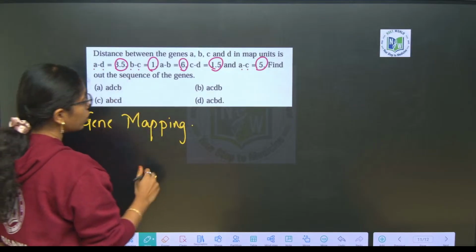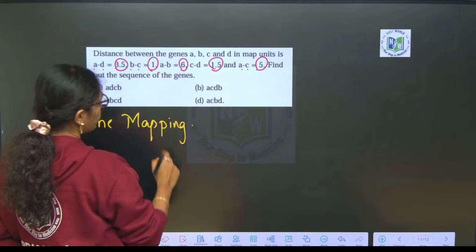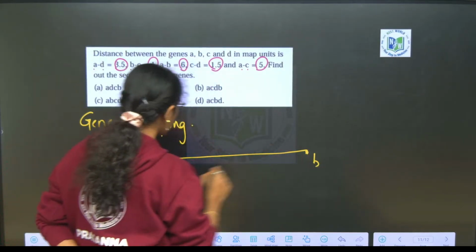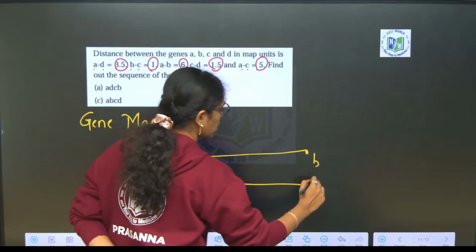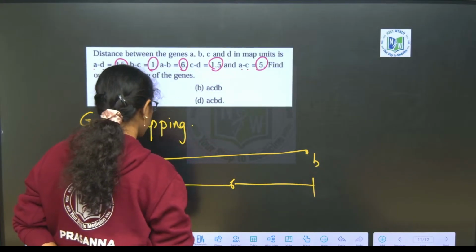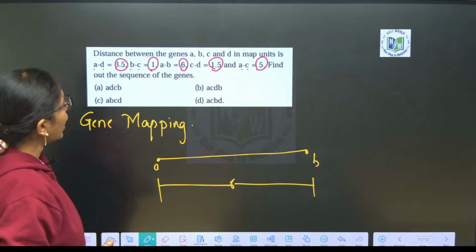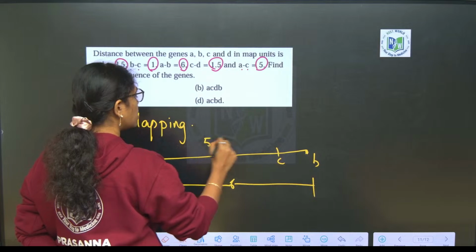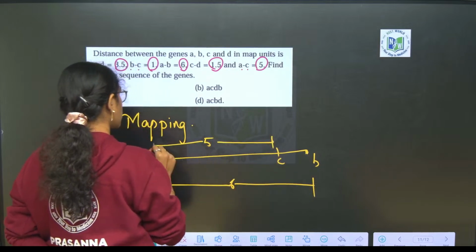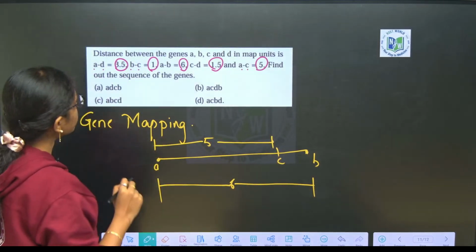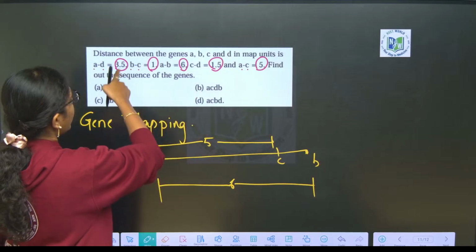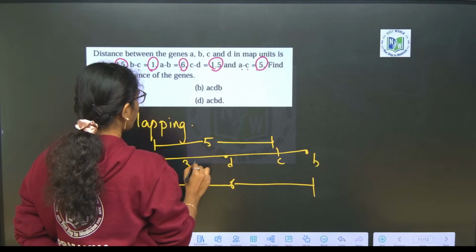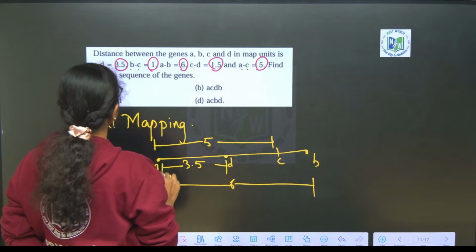So, here if you see those two genes A and B are having how much? 6 map units of distance between A and B, and then A and C is having how much? 5 map units of distance. A and D has 3.5 map units of distance.